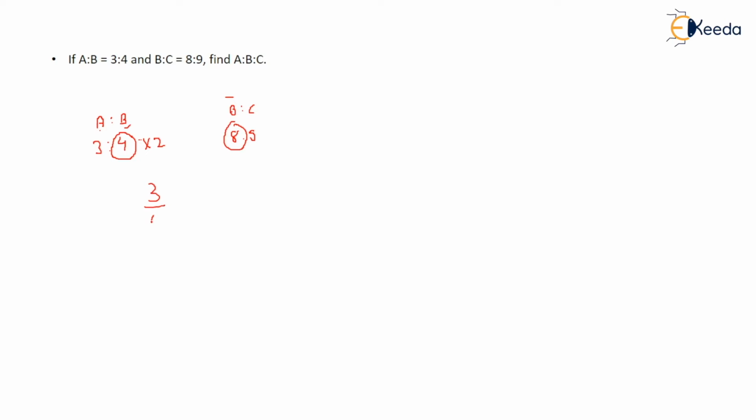So 3 by 4 it was. So in order to make both 8, you have to multiply it by 2. Similarly, if you multiply the denominator by 2, you have to multiply the numerator by 2, right? And the second one, B by C, has the value 8 by 9, right? So this becomes 6 by 8 and this becomes 8 by 9.